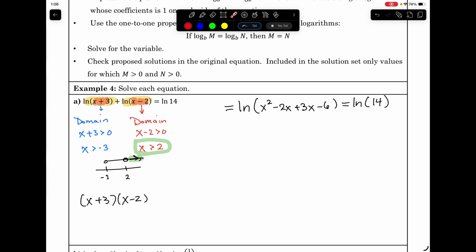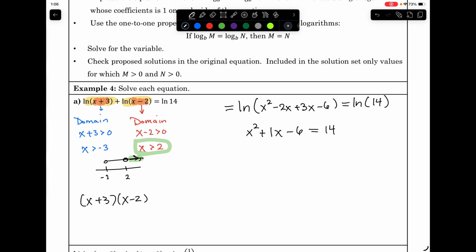As you see here, this and this are the same, so I can now ignore them. That means x squared plus 1x minus 6 equals 14.